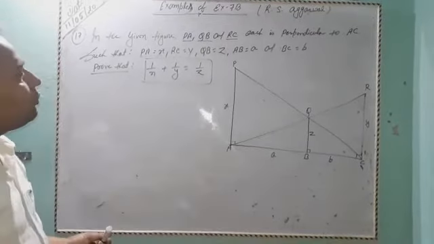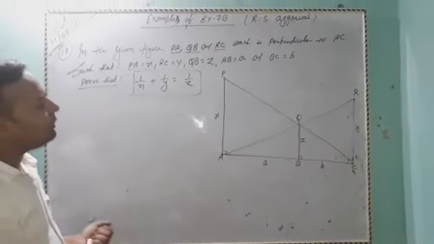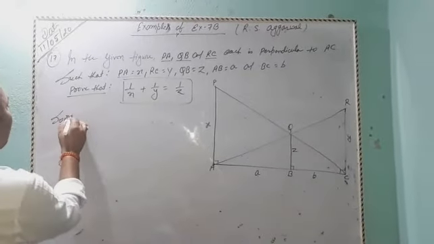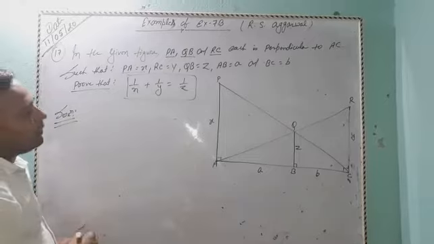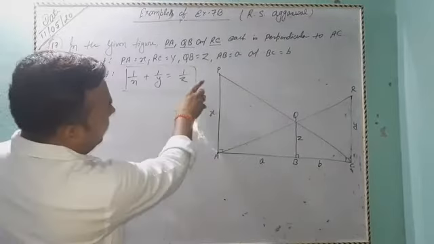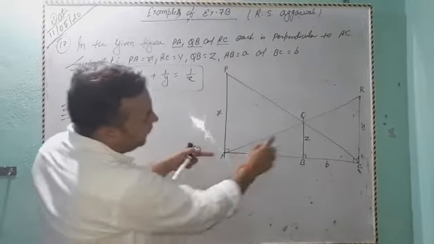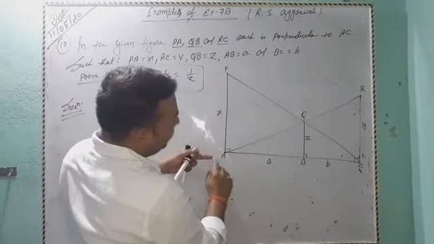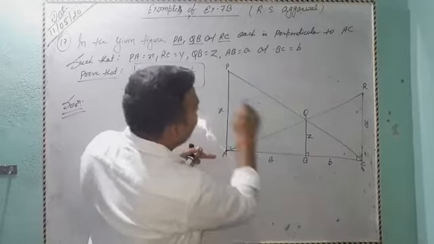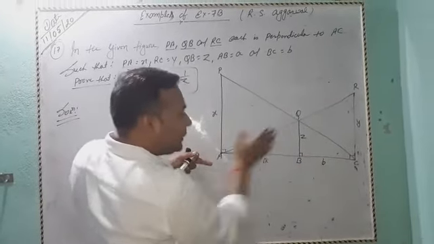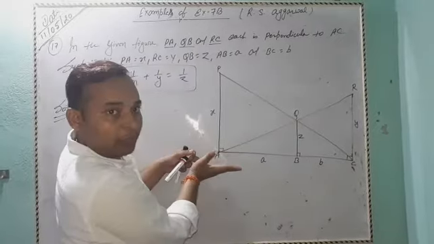Okay. So first of all, let's start. Students, in triangle PAC, PA and QB are perpendicular to AC.